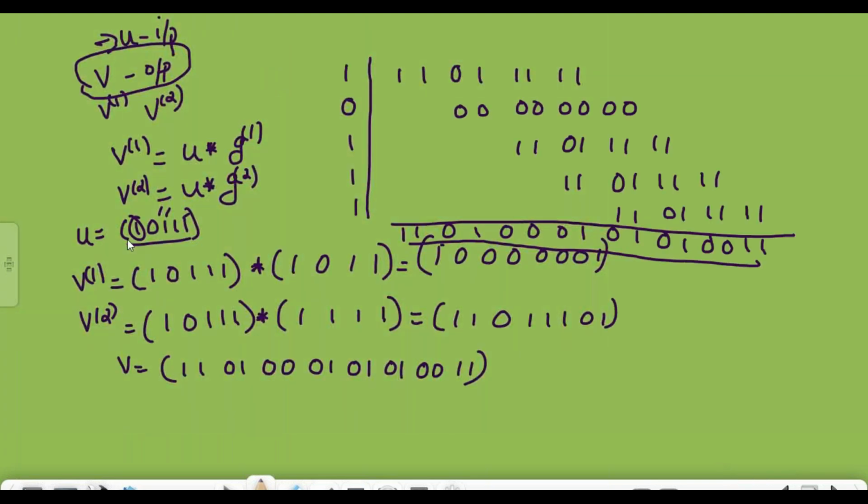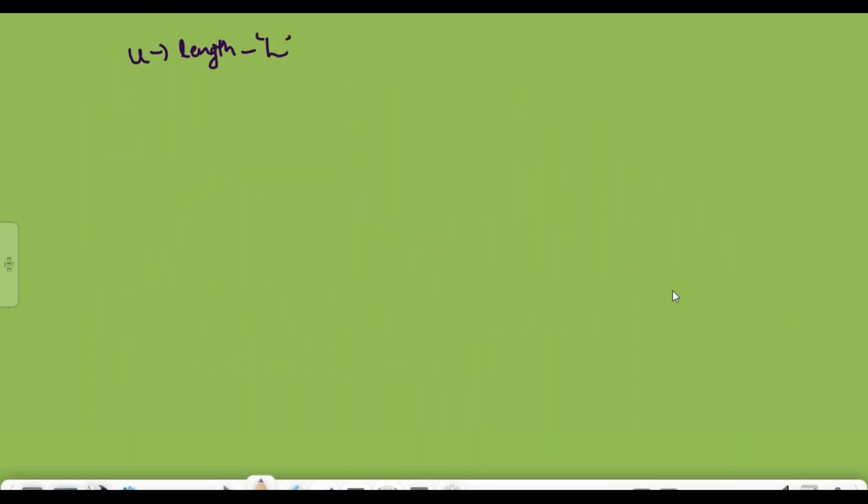If u has the length, that is the input sequence length, L. Here I have taken the length of the input sequence as capital L equal to 5, that is the length of the input sequence 1 0 1 1 1. Then I am going to write the generator matrix G of the convolutional code.